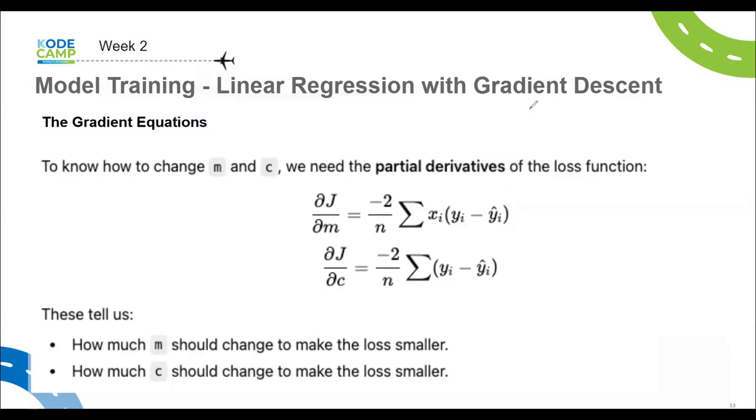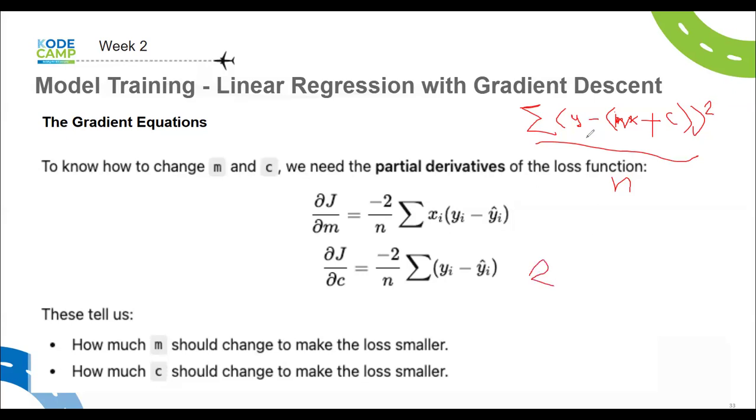Let me do it again. So we have the summation of y minus y hat, where y hat is mx plus c. Pardon my writing, I'm using a mouse. And you square this difference, divided by n. If you look at this, the 2 comes down this way.